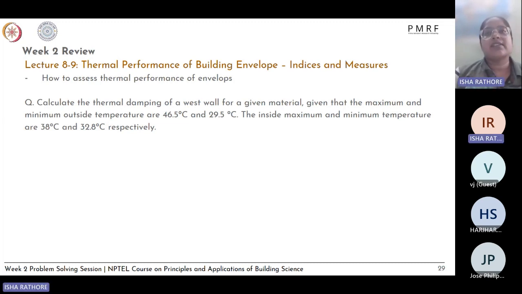Decrement factor is a unitless fraction, whereas thermal damping is expressed in percentage. Again, this is a very straightforward, direct application of the formula given for thermal damping.